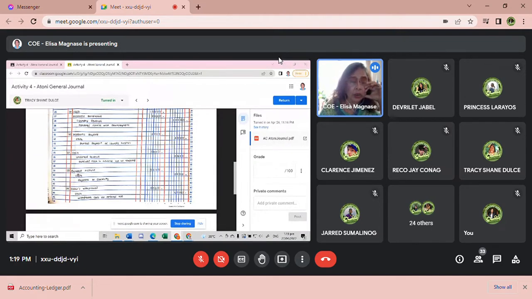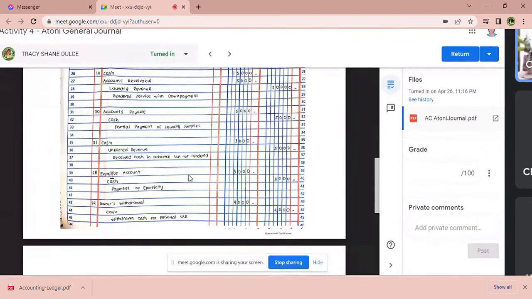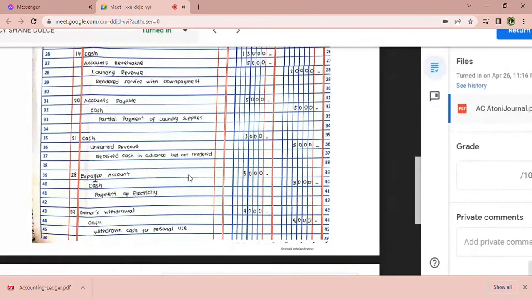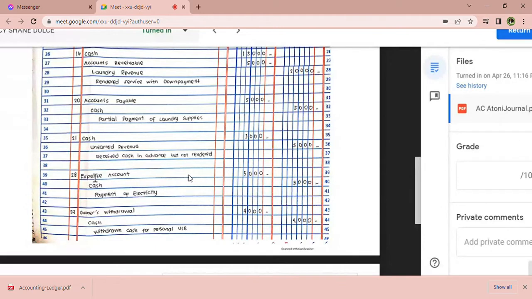We need to be specific. Let me check the account we used. The account used is electricity expense. So we should be specific and consistent when using an account.